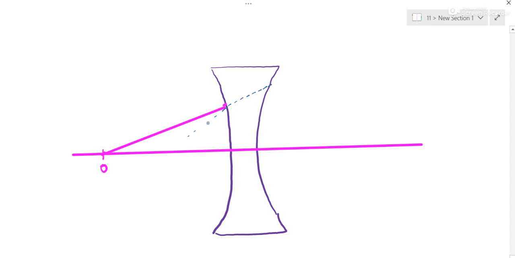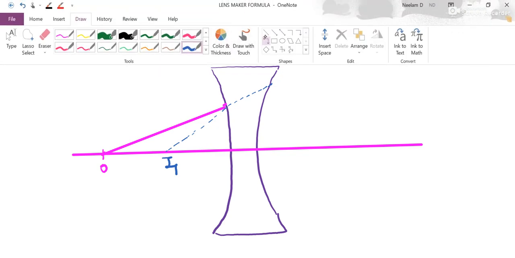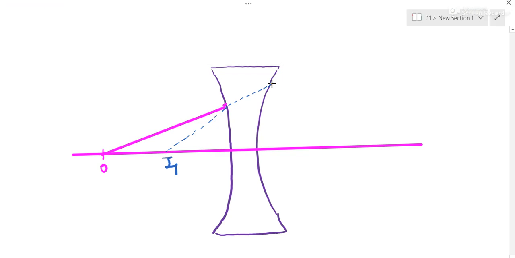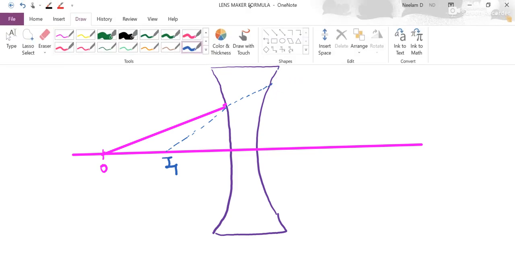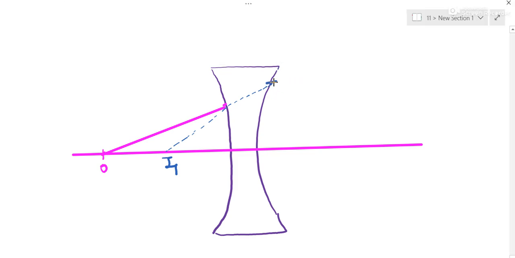This will be your first image. Now it will diverge it further, spread it more according to the nature. I cannot do it properly, but you can. Now you produce it straight virtually. So this is the final image.